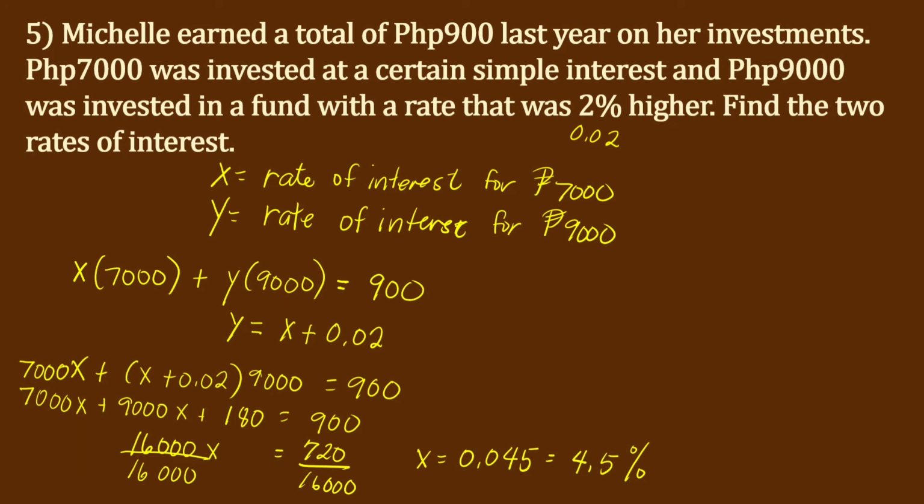Okay. Now, if x equals 0.045, this will give us a y value here. 0.045 plus 0.02, which is 0.065, or the y is equal to 0.045 plus 0.02, which is 0.065.